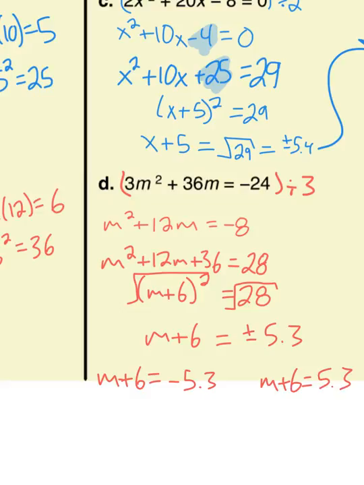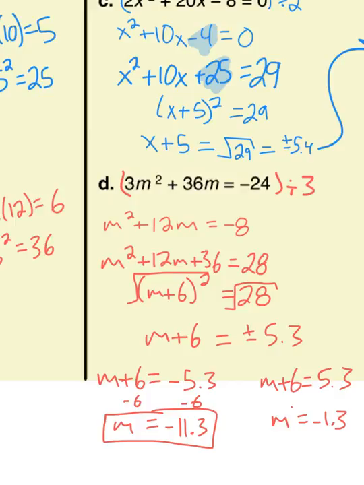Now I subtract 6 from both sides, and I have m equals negative 11.3, and m equals negative 1.3. And those are my two solutions for m.